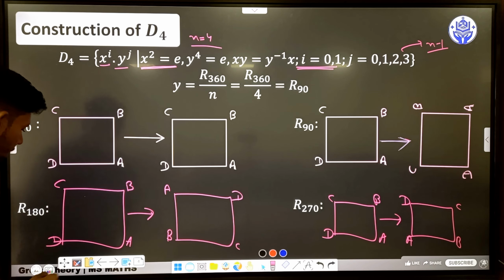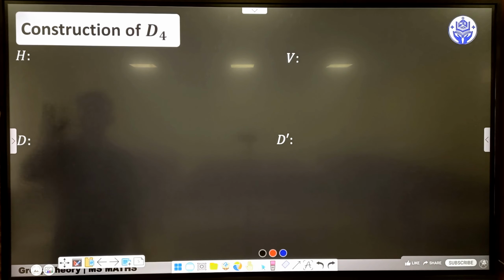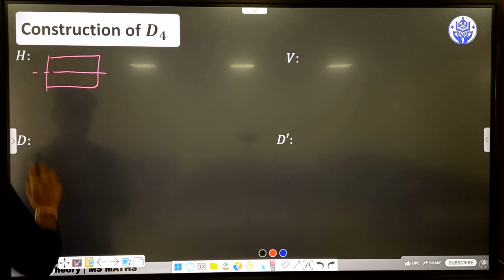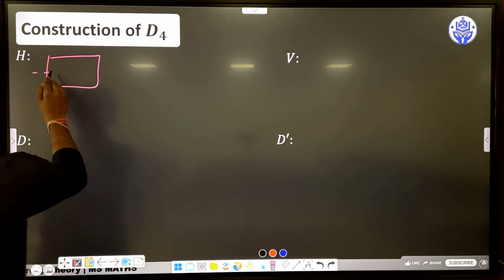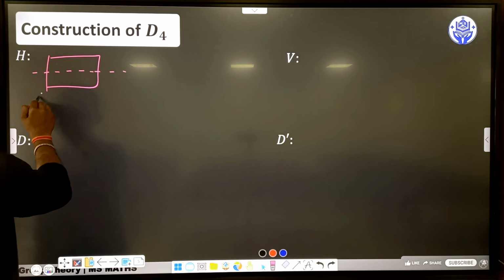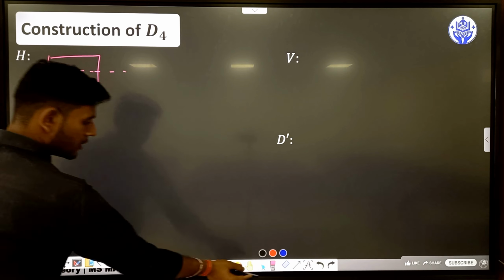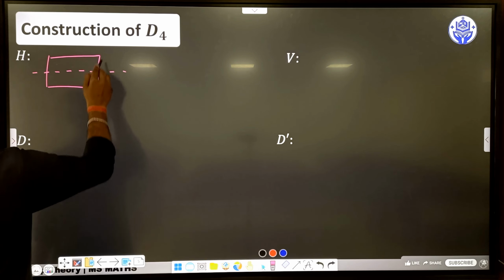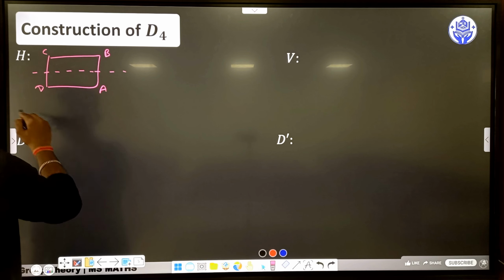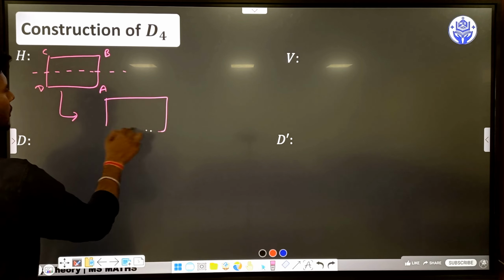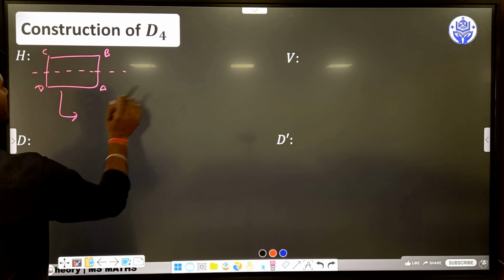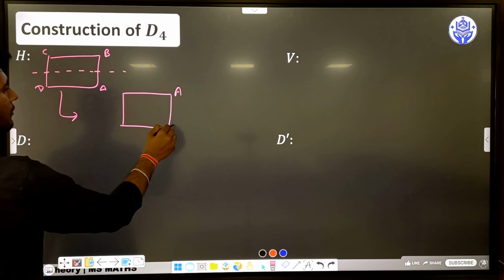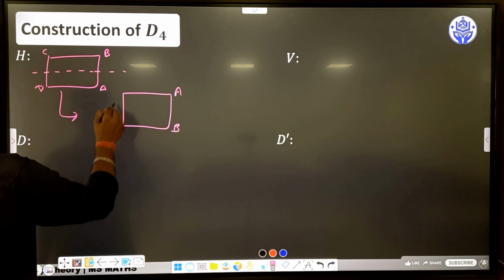And after that, next we will have reflection. First of all, horizontal reflection means like this. If I have started A from here, so it is A, B, C and D, then it will be A, B will be here, C will be here and D will be here.